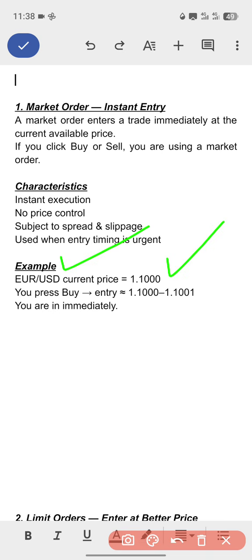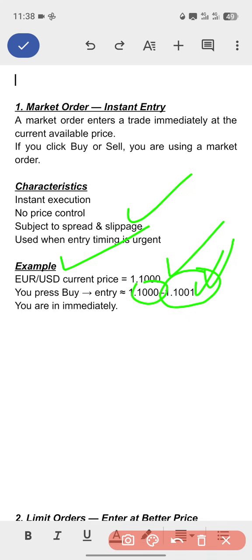You press the buy entry at this price, but the order is executed at a price with a 1 pip increment. This is due to slippage. That is what we mean by subject to spread and slippage.